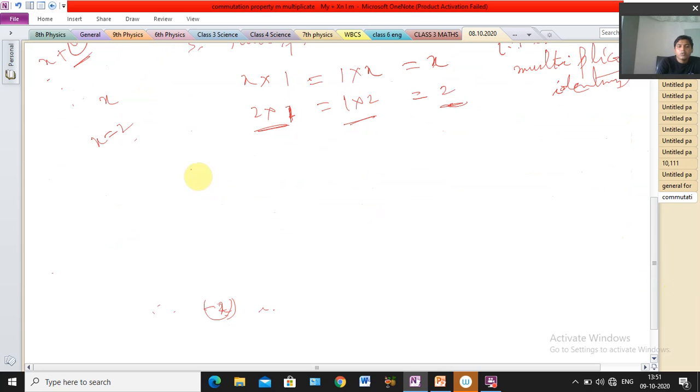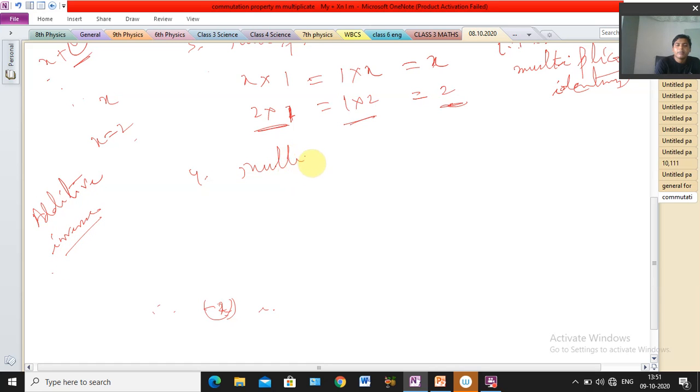Point number 4. There was the additive inverse, and here we will get the multiplicative inverse.